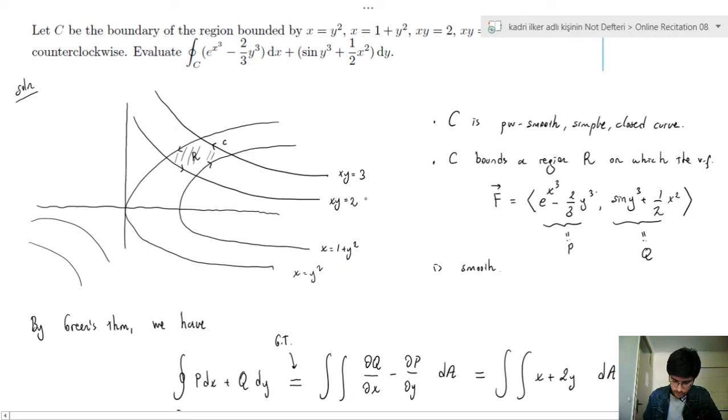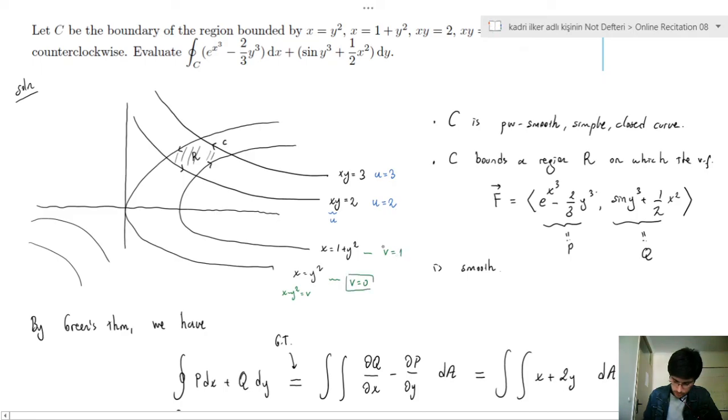Just let this thing be u. Therefore, this turns out to be, in UV language, u, and this turns out to be u equals 3. And here v can be chosen like this. So just choose x minus y squared to be v. Therefore, this turns out to be v equals 0, and this turns out to be v equals 1.